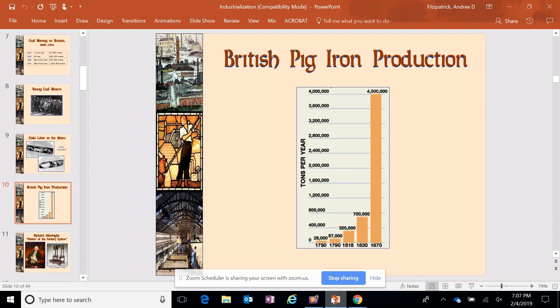But during this revolution, the British figured out what they called the puddling process, which was a way that they were able to make iron directly from coal instead of charcoal. So it was inferior iron, but it was cheap and abundant and easy to make. And so iron production really skyrocketed during this time period in a way that it hadn't before.